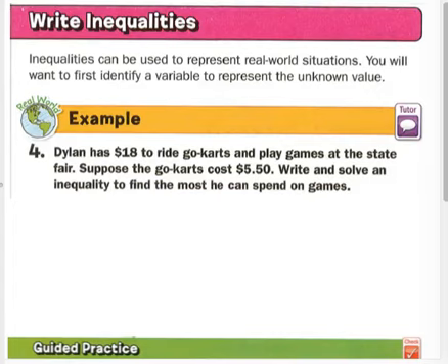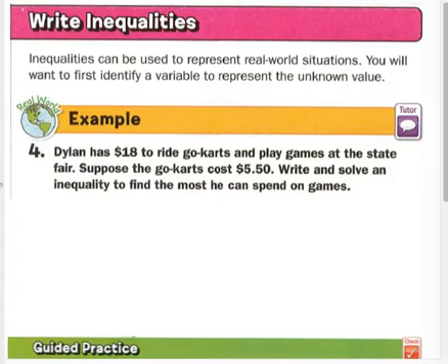It says inequalities can be used to represent real-world situations. You will want to first identify a variable to represent the unknown value, just like when we were solving equations. So number 4 says Dylan has $18 to ride go-karts and play games at the state fair. Suppose the go-karts cost $5.50.